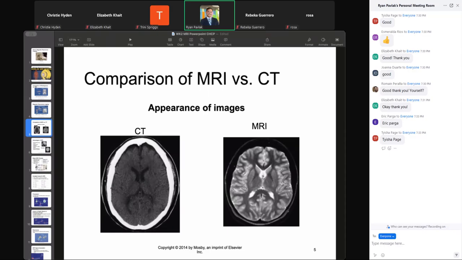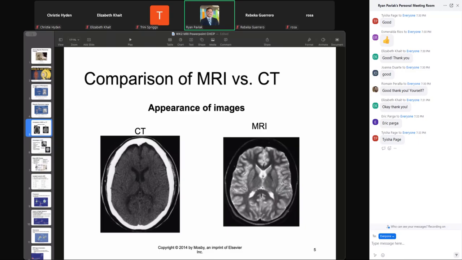You know, you're going to have some really white areas, you're going to have some really dark areas, but you're not going to get much of that grayscale in between. Where with MRI, because each body part's going to have a different amount of that hydrogen in it, you're going to be able to get really, in my opinion, the best imaging of the entire body.